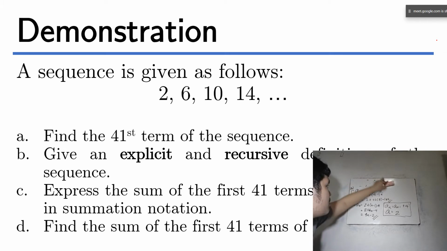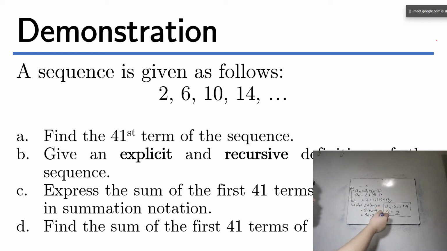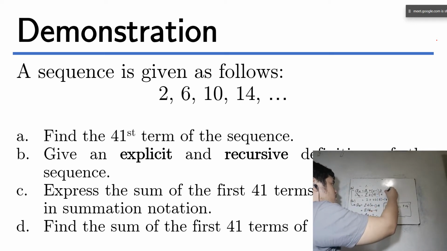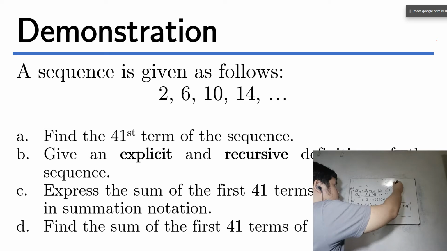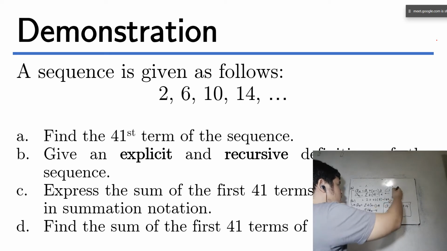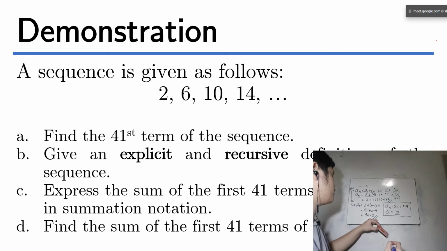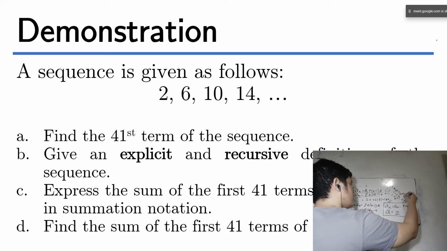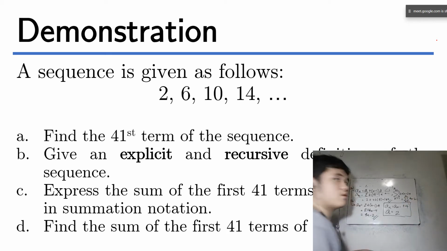To summation notation, like I said earlier, whatever this is, I'll just put it into summation notation. So, the sum of n equals 1 to 41, since it's the 41st term, of a sub n, which is equal to 2 plus n minus 1 times 4 equals the summation of n equals 1 to 41 of 4n minus 2. That's all.